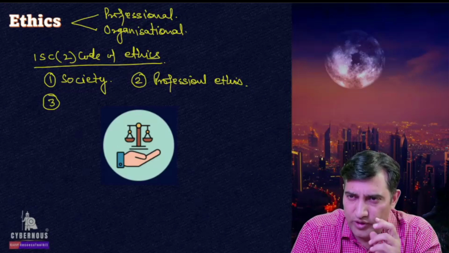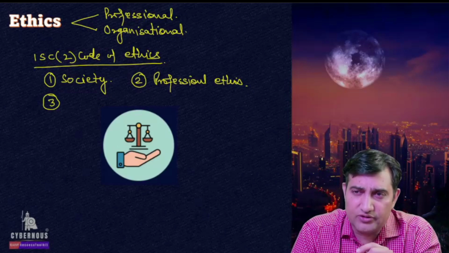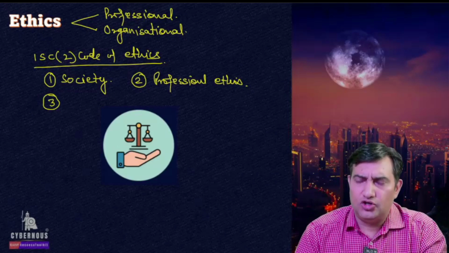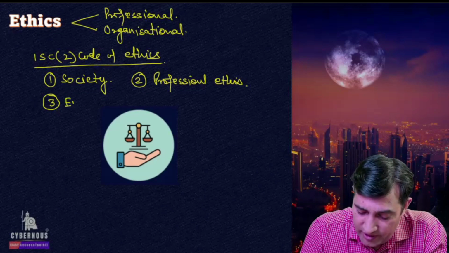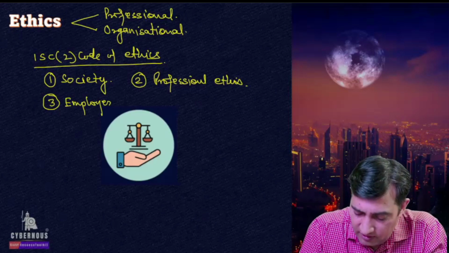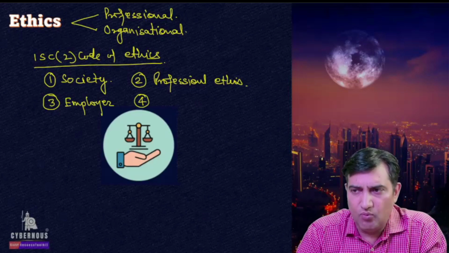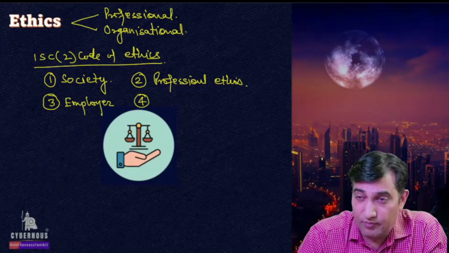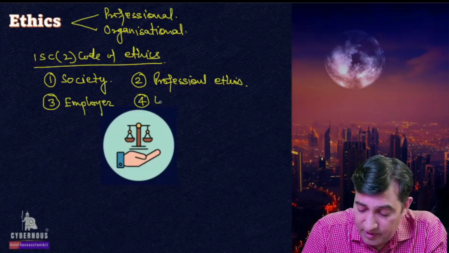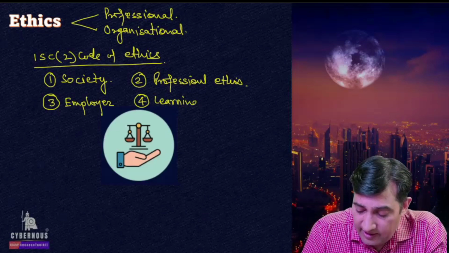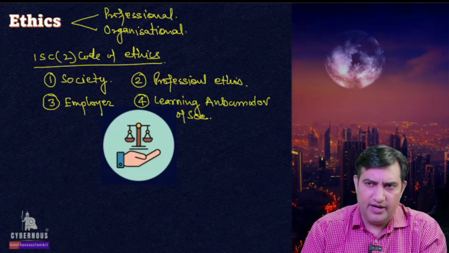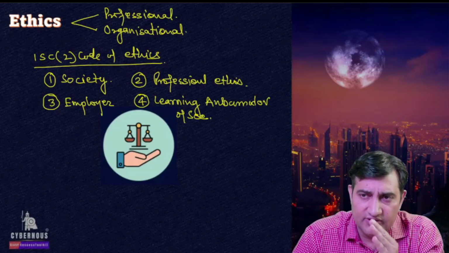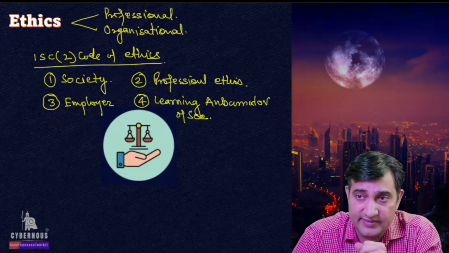You should put in your skill and knowledge to make sure you give competent services to your employer. The fourth ethics is to advance and protect the profession, which means you need to keep learning and be an ambassador of security. So these are the major 4 ethics, and you will definitely be tested on this in some form or other in your CISSP exam.